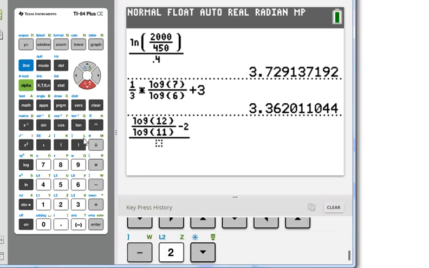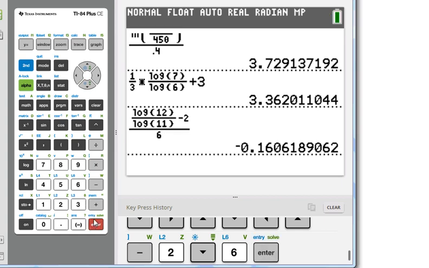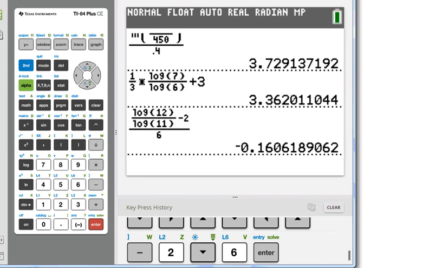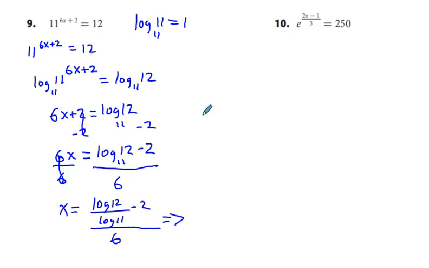And we're going to divide this by 6. And we should have it here. We get negative 0.161, we'll call it. So that will be our answer to number 9.